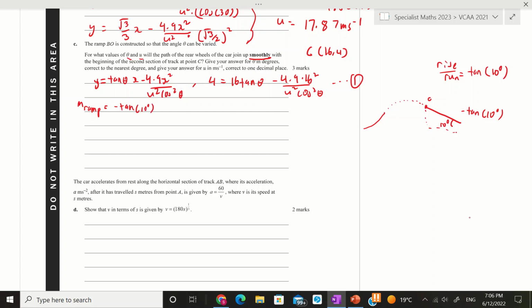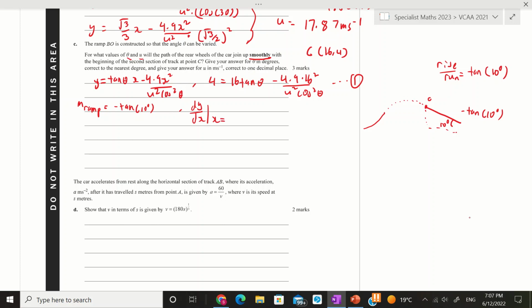Okay, how do we find the gradient of the path? This is actually not that hard either, because we already have the equation of y in terms of x for the path. All we have to do is find dy/dx, specifically dy/dx when x is equal to 16.